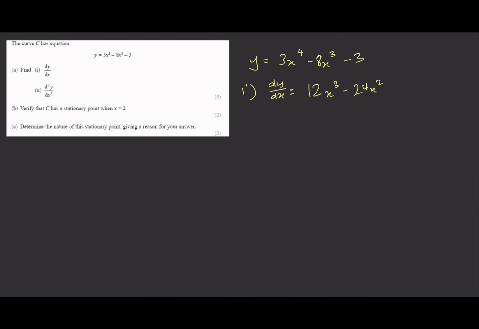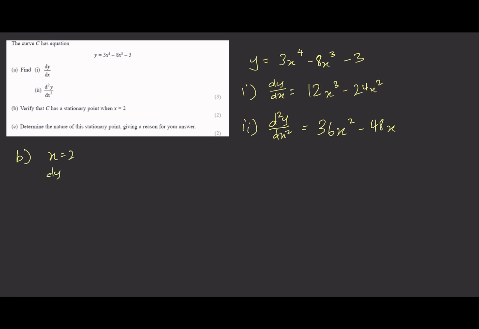Afterwards, we find d2y/dx squared, the second derivative, basically.